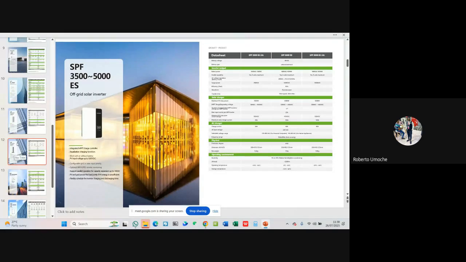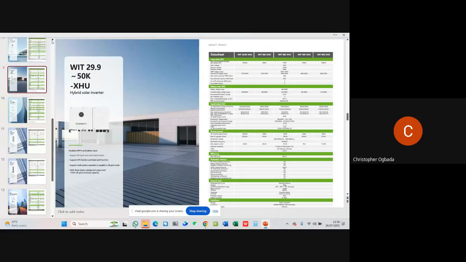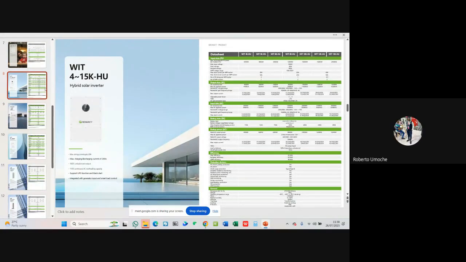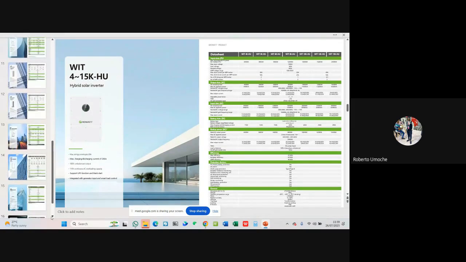We also have the lower version of the WIT inverters, ranging from 4 kilowatt to 15 kilowatt. So here is the data sheet. But for the sake of time, I would like us to quickly brush through the higher capacity, which is 50 kilowatts and above.